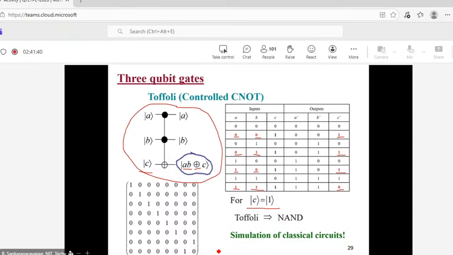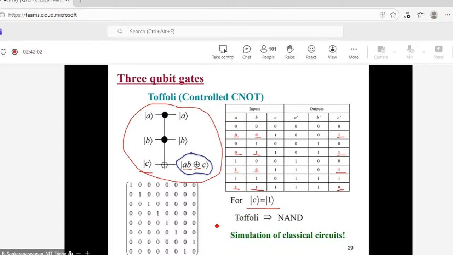So what it shows is that since the NAND gate is a universal gate from the computer science point of view, using the NAND gate you can generate all kinds of logical operations, which is being executed purely from a quantum mechanical or unitary operation point of view.